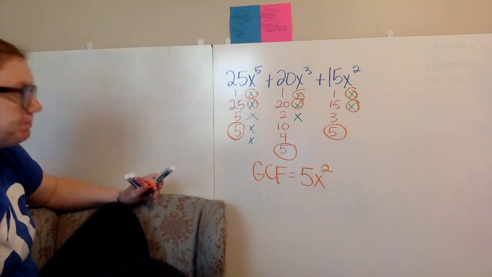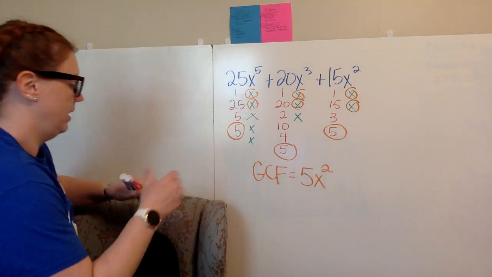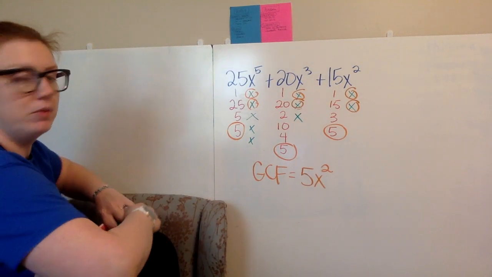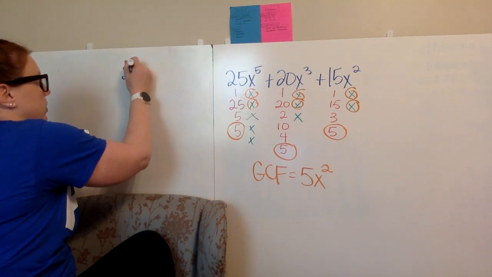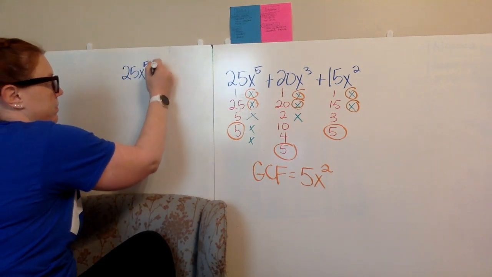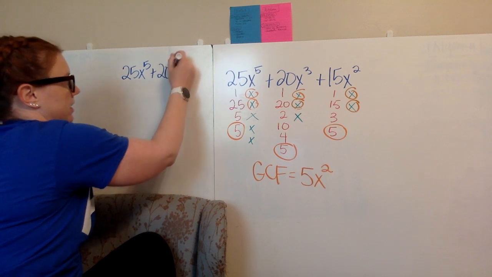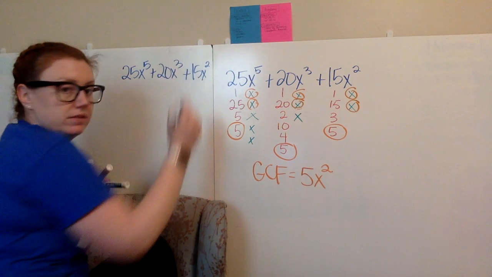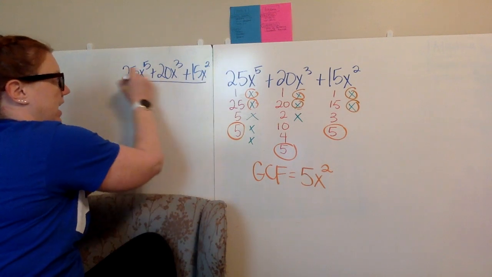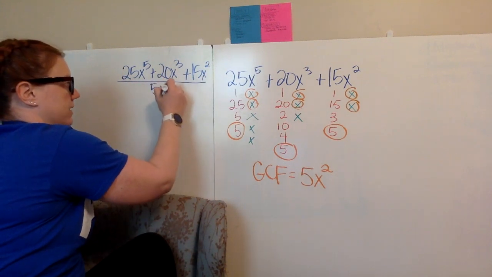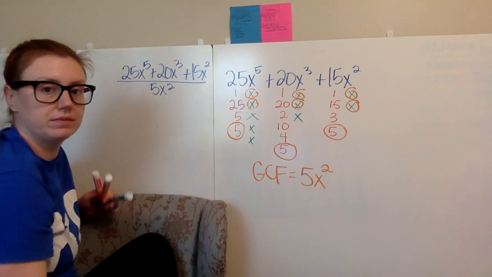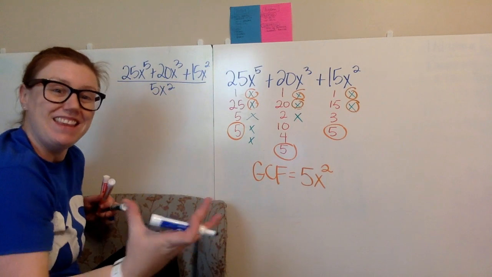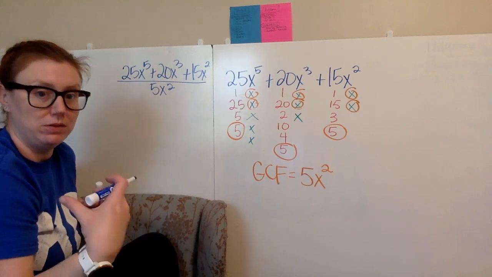So I'm going to come over here and I'm going to do 25x to the 5th plus 20x to the 3rd plus 15x squared. And I'm going to divide all of those by 5x squared. Because I'm taking that greatest common factor out.